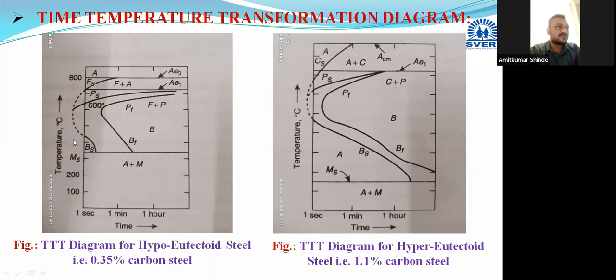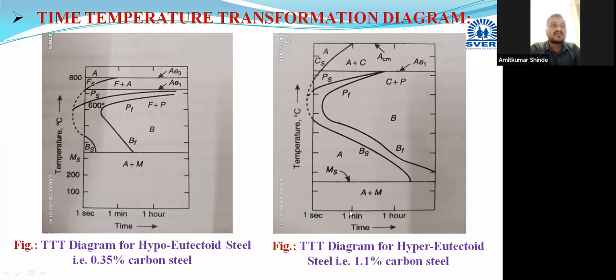Hence the low carbon steels cannot be hardened, or these are termed non-hardenable steels. But in the case of high carbon steels, we can do the hardening by getting the martensite at room temperature.